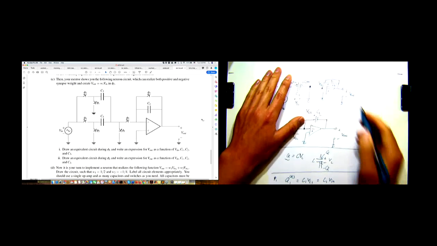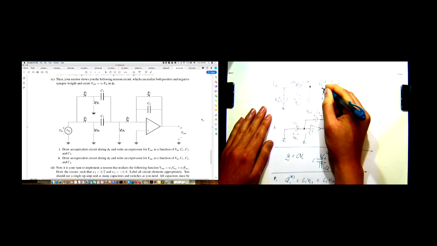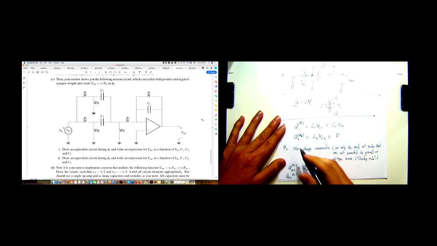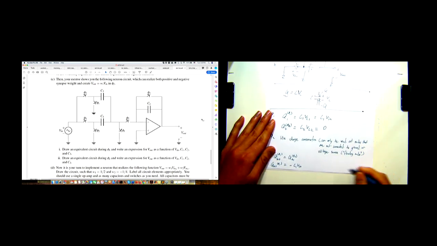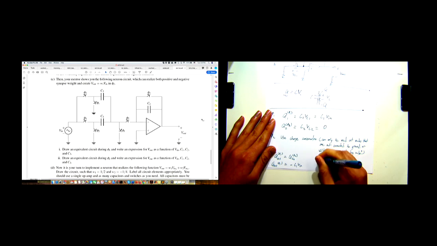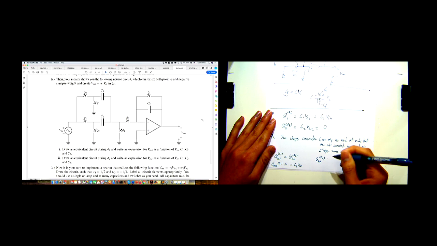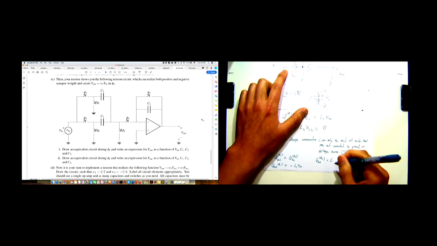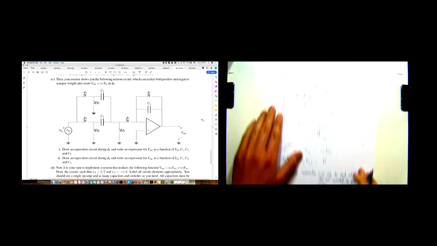And over here, we had 0 charge. So adding it up, we have negative C1 Vin. Then our total charge in phase 2 would be equal to C... we have to be careful here.